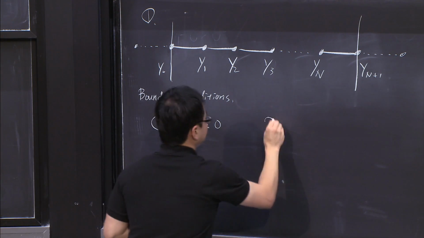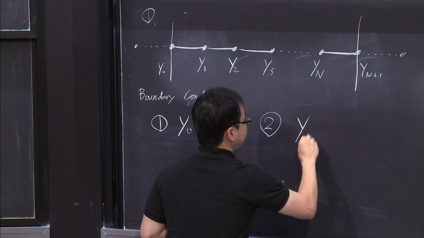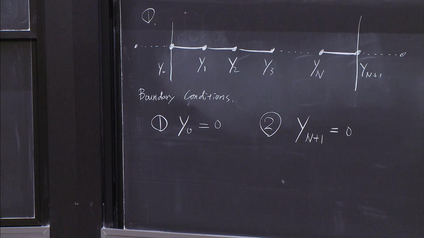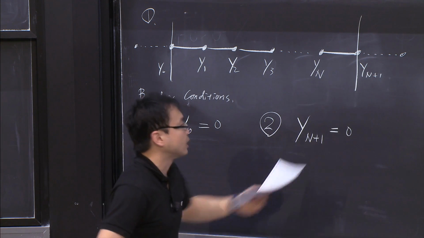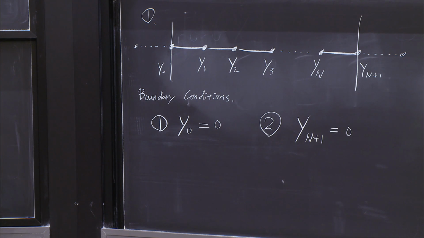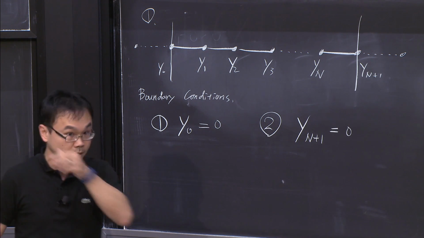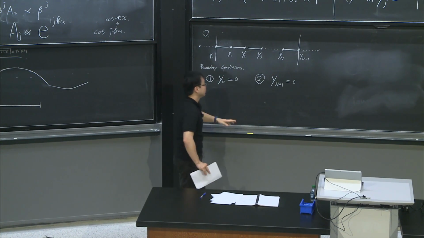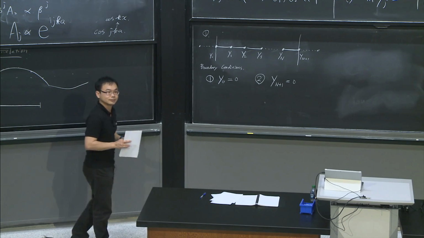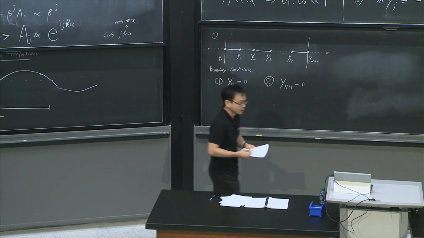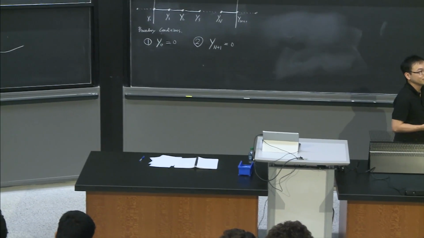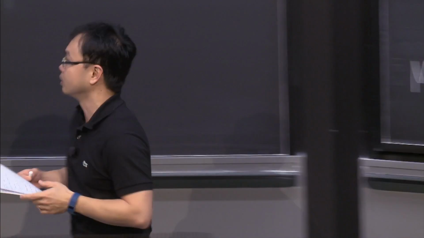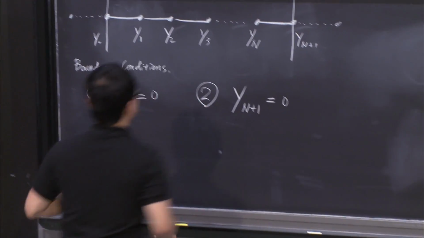And the second condition is yn plus 1 equal to 0. So basically what I'm looking at is still an infinitely long system, but I require y0 and yn plus 1 to satisfy these two conditions. And we will find that, with this procedure, we can also solve this finite number of coupled oscillator problem.